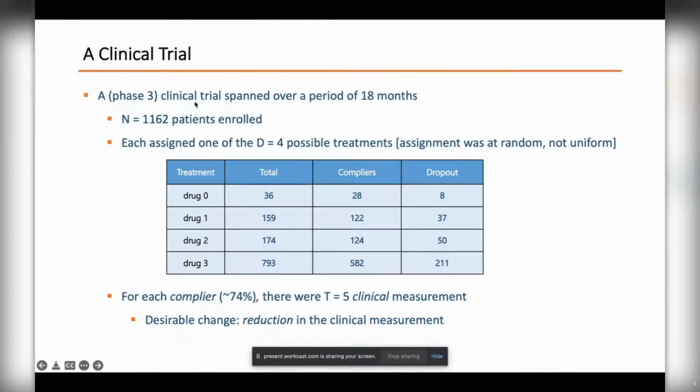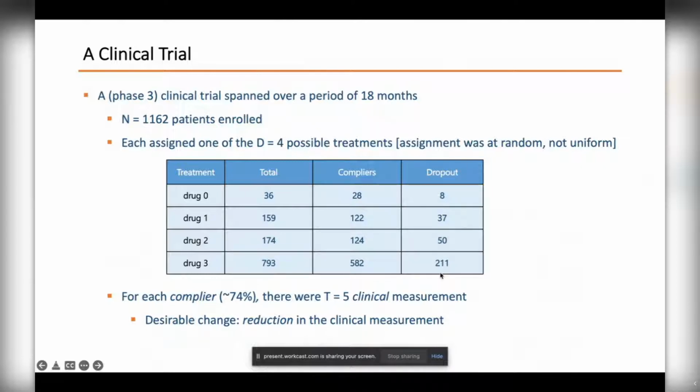So here was the setting. The setting is a clinical trial that spanned over 18 months. 1,162 patients were enrolled. There were 4 different types of treatments given. There was a randomized assignment, but not uniform, and hence you see different proportions here. Out of these assignees, these were the individuals who complied, and these many individuals dropped out.